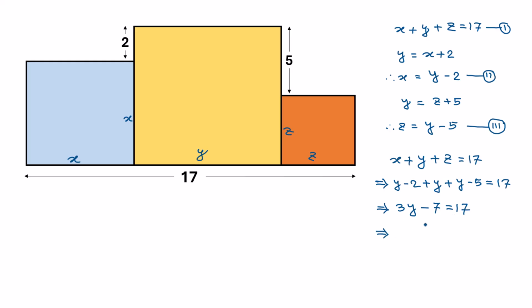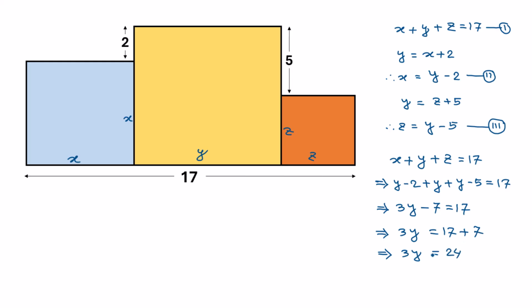Taking this negative 7 to the right side, we will get 3y is equal to 17 plus 7, this is 24.